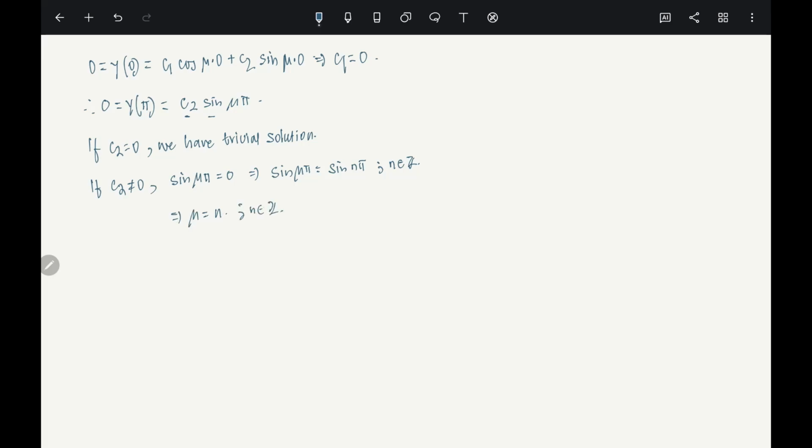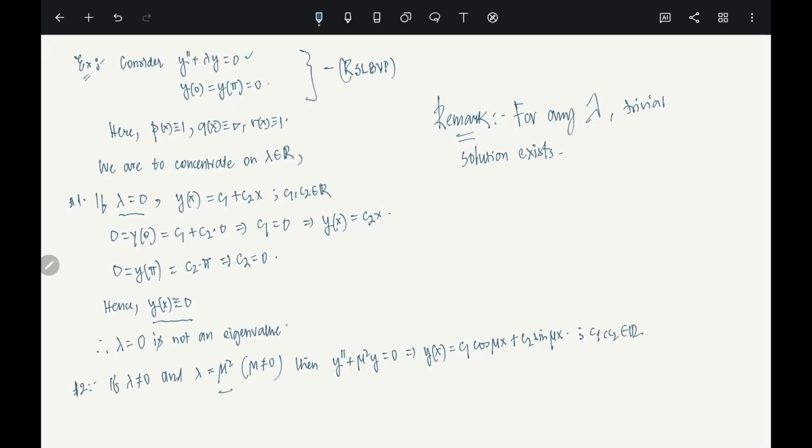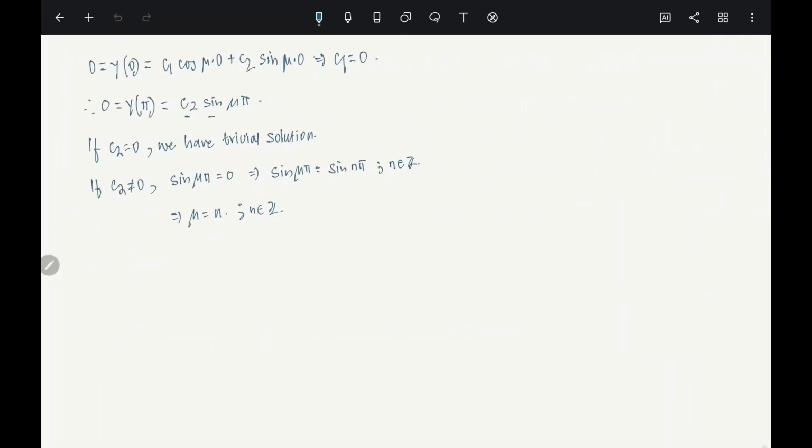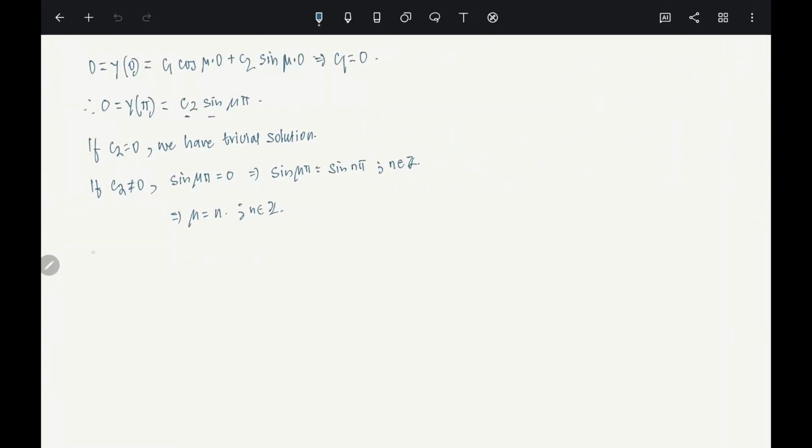So what it means is, if we are looking for non-trivial solutions, positive eigenvalues, lambda positive, where lambda equals mu square, positive eigenvalues exist if mu equals n. So what is mu? Mu is root lambda, so lambda is mu square, right? Therefore, what are the eigenvalues?